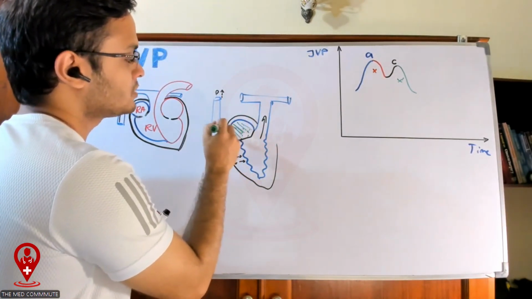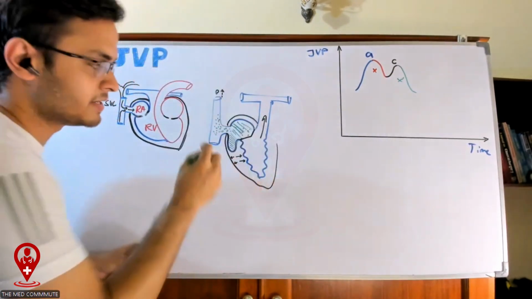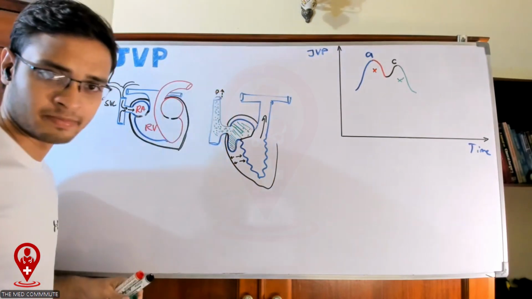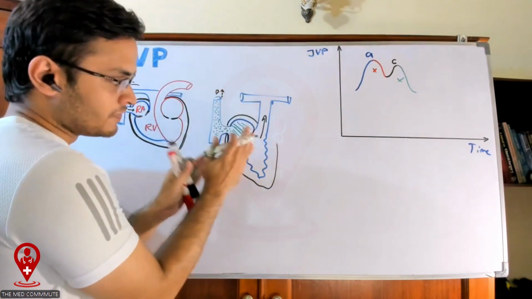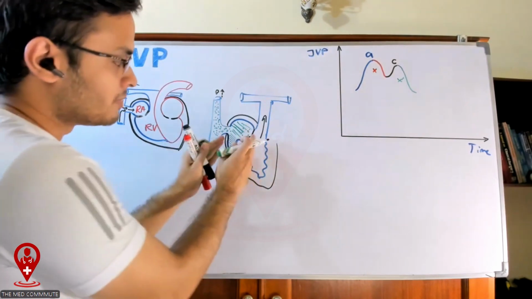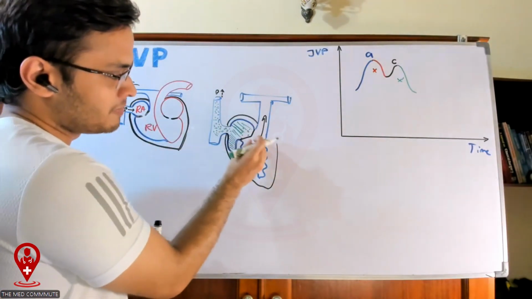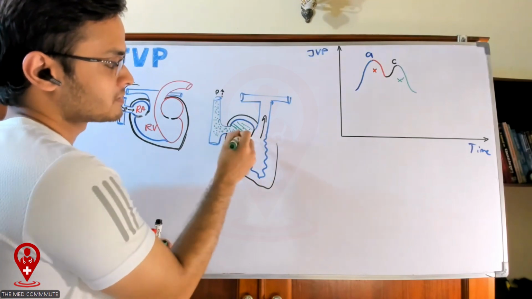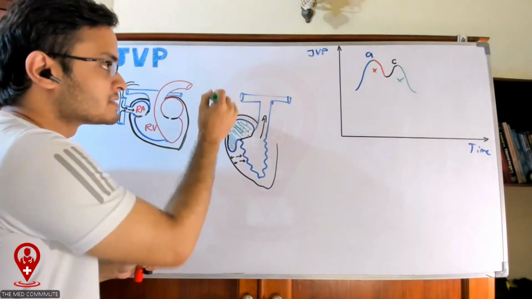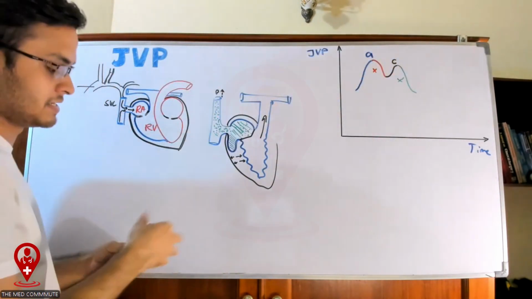The blood starts pooling in, and eventually there is a very momentary congestion of blood within this right-sided venous system. This happens only as long as the tricuspid valve is closed. The moment the tricuspid valve opens, we are going to see what happens next. But just momentarily, until these tricuspid valves remain closed, there's going to be a slight pooling of blood that causes a little bit of a pressure elevation within the internal jugular vein.